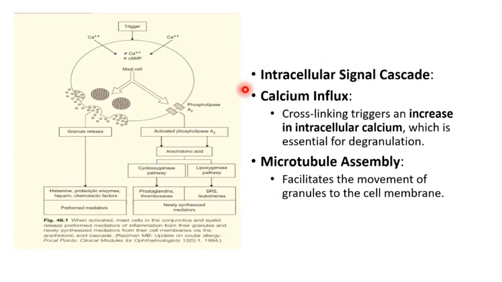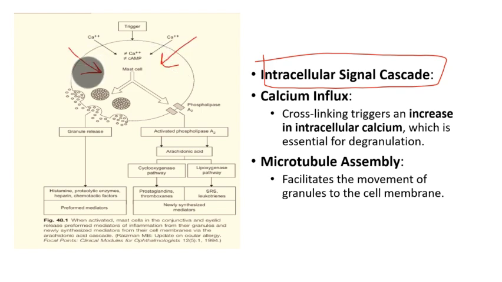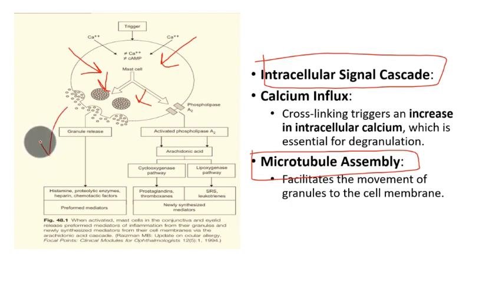So let's talk about this intracellular signaling cascade that happens within the mast cell, right? Because of the cross linking of the IgE and the receptor, the calcium is going to flow within the mast cell, and this increased calcium is going to now allow microtubule assembly, and these microtubules, which are a part of the cytoskeleton of any cell, facilitate the movement of these granules to the surface of the cell or to the cell membrane, and ultimately there will be a granule release, leading to release of all these important factors which are involved in the allergy, right?